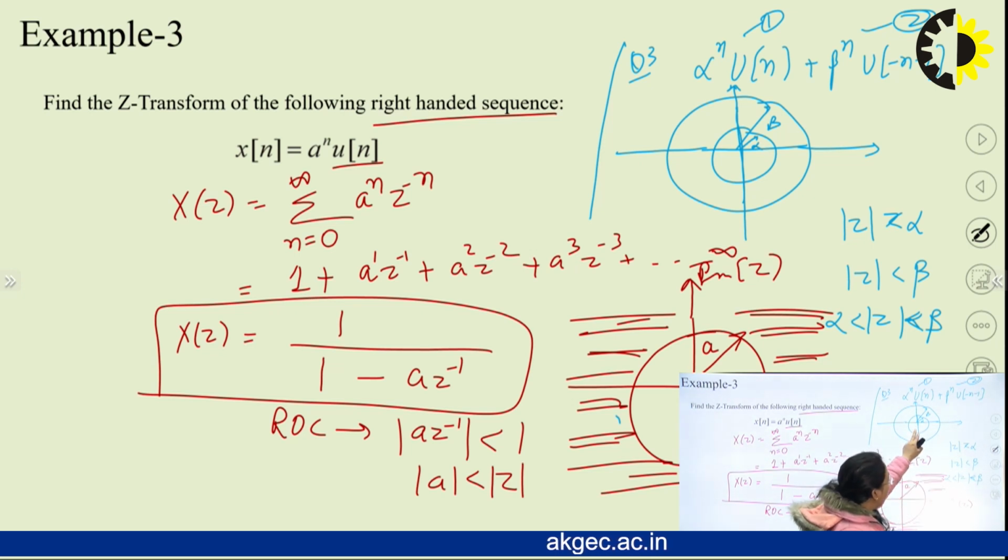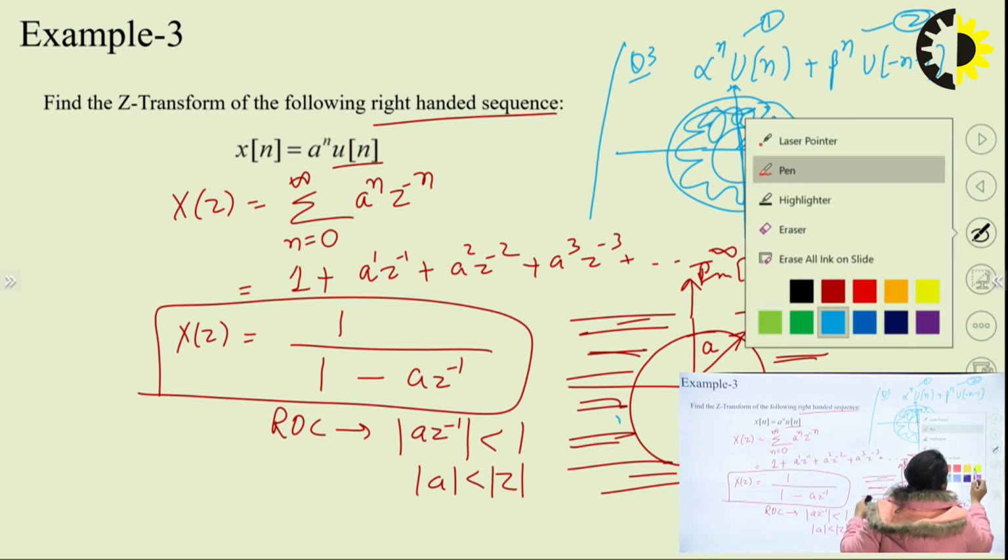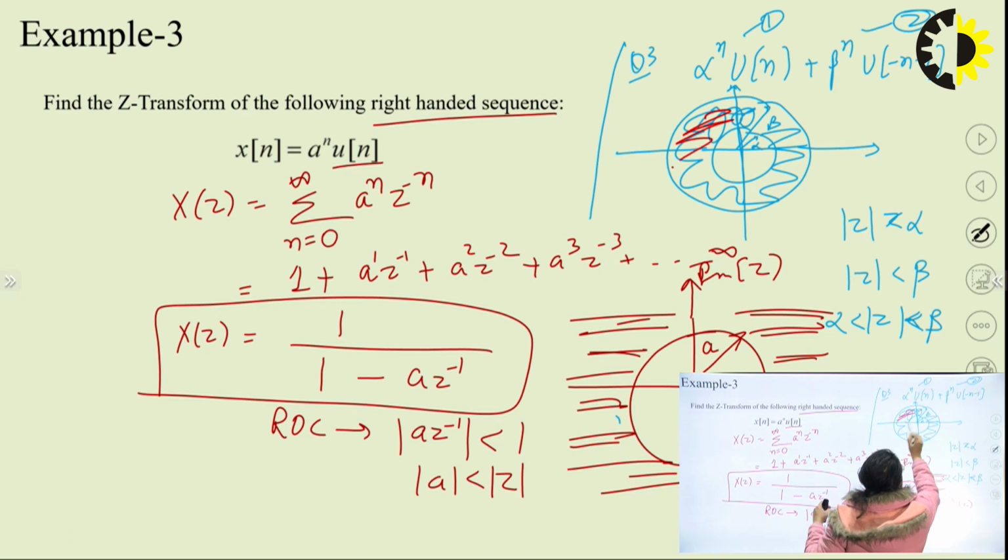The ROC for the first sequence is outside the first circle, and the ROC for the second is inside the second circle. So the ring, the area in between the two circles, will be the ROC for these two sequences.